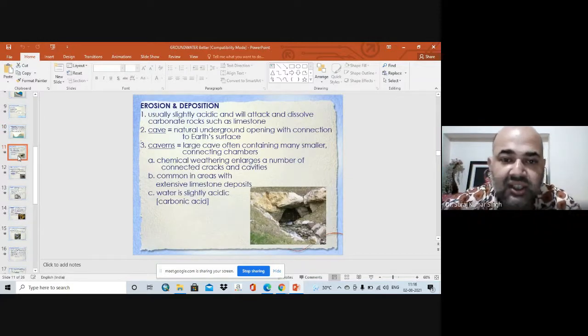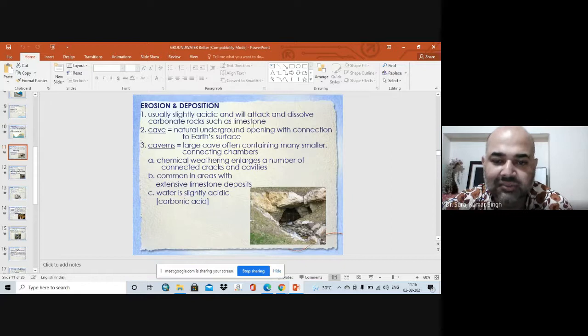Then erosion and deposition. Usually you will see that slightly acidic water will attack and dissolve carbonate rocks such as limestone. So you will be finding caves in many rock types. And how are those caves constructed? They are constructed naturally as underground openings with connection to the earth surface. Then you will be finding caverns.